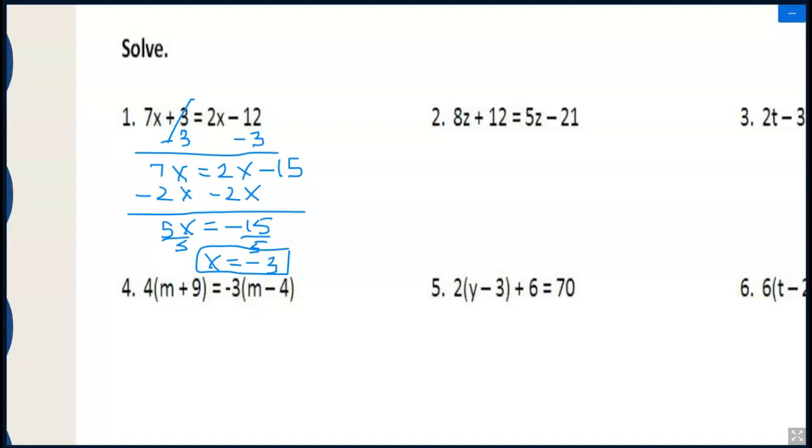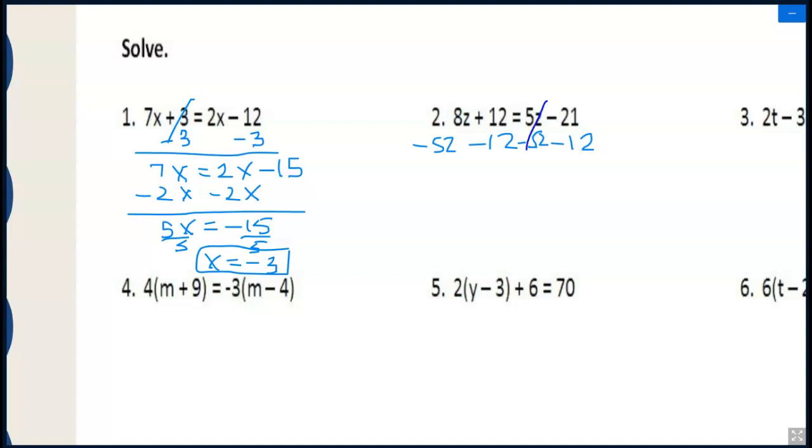Same in number 2. Now again, we can add and subtract from both sides at the same time. So what I could do is subtract 12 from both sides and subtract 5z from both sides.